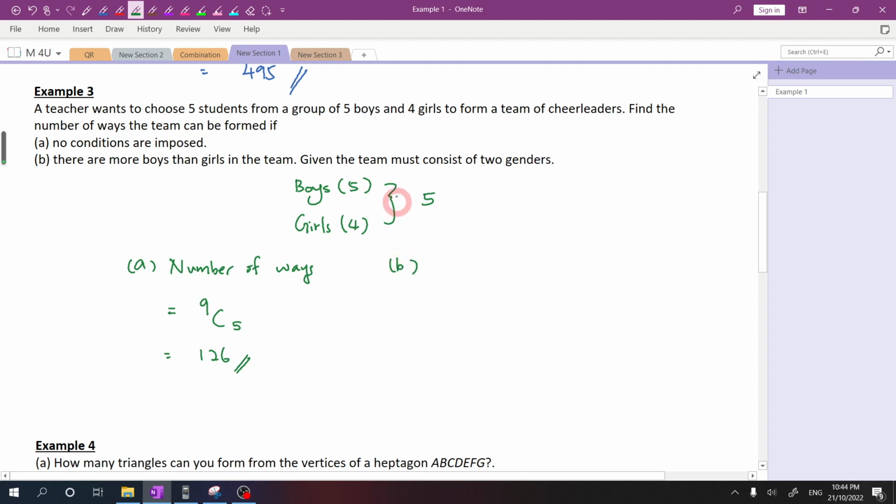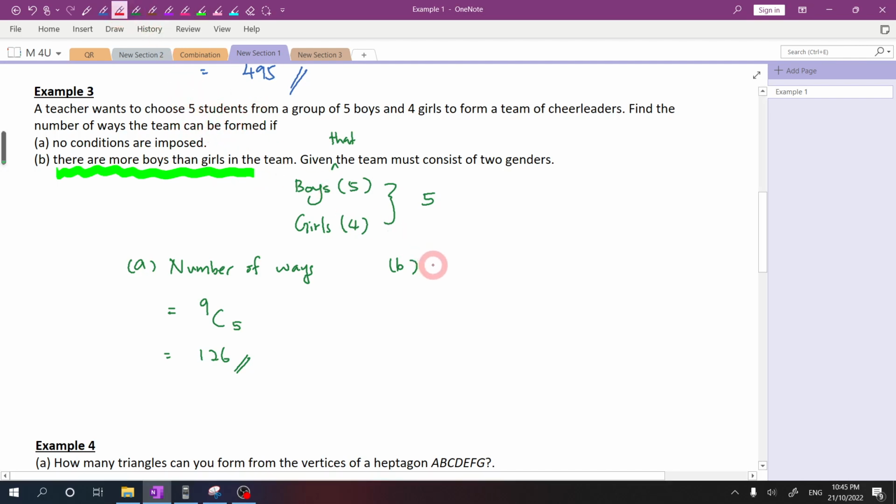Now let's look at part B. There are more boys than girls in the team. Given that the team must consist of 2 genders, it means that it cannot be all boys or all girls. The team needs to have girls and boys. So since the condition is more boys than girls, in total we only need 5 students.